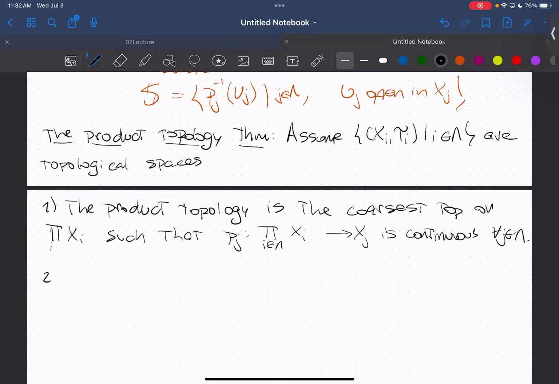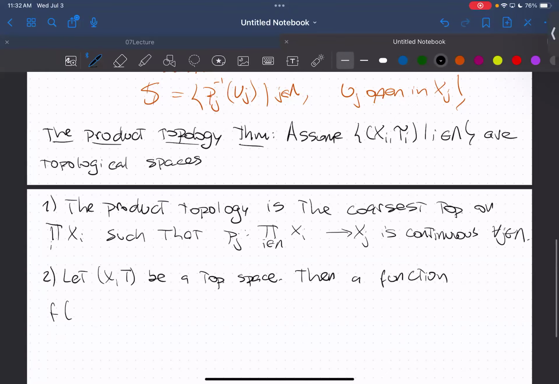And the second claim here is if we have any topological space, X with topology tau, and we have a function going out of that topological space to our product space. Here I want to consider the product topology.